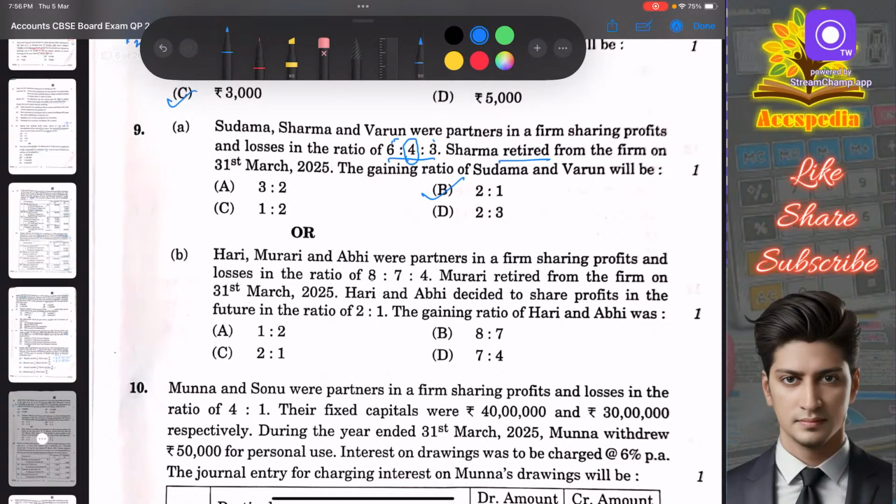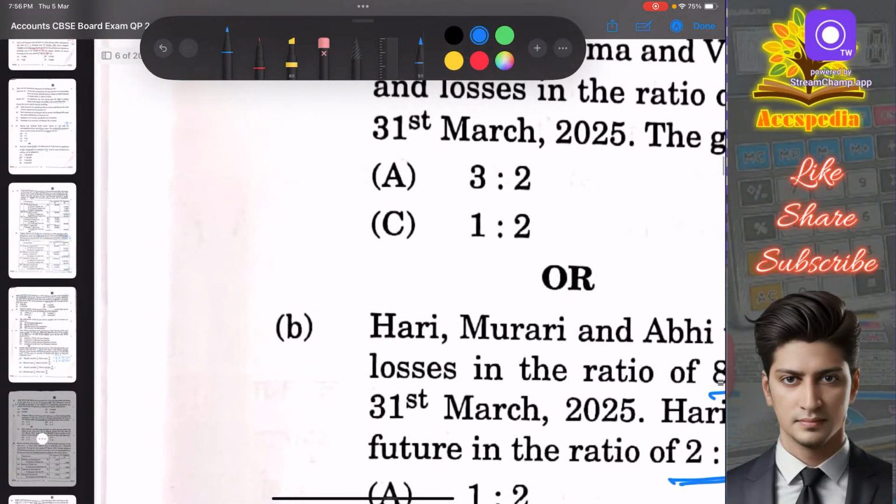Hari, Murari, Abhi, 3 partners, profit sharing ratio 8:4. Murari retired. Murari is the center partner. Hari and Abhi decided to share profits in the new ratio which is given. The gaining ratio we have to calculate with that formula. Gaining share is equal to new share minus old share.